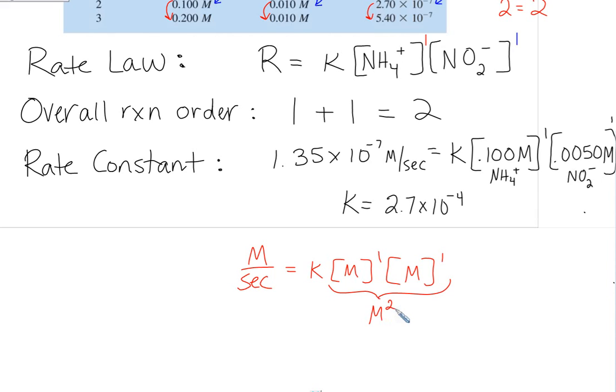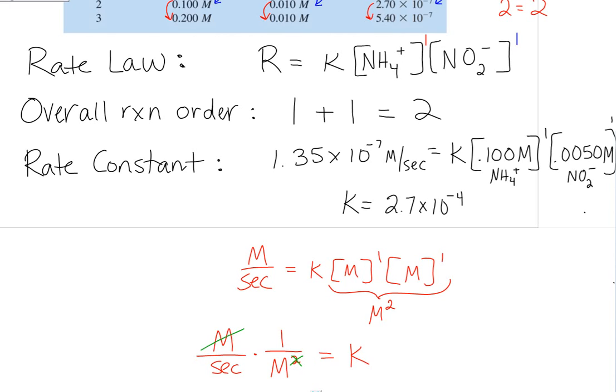I'm going to solve this for K with just the units. Molarity per second times 1 over molarity squared, or divided by molarity squared, should equal K. I can simplify this a little bit. I got molarity on the top, and a molarity on the bottom.